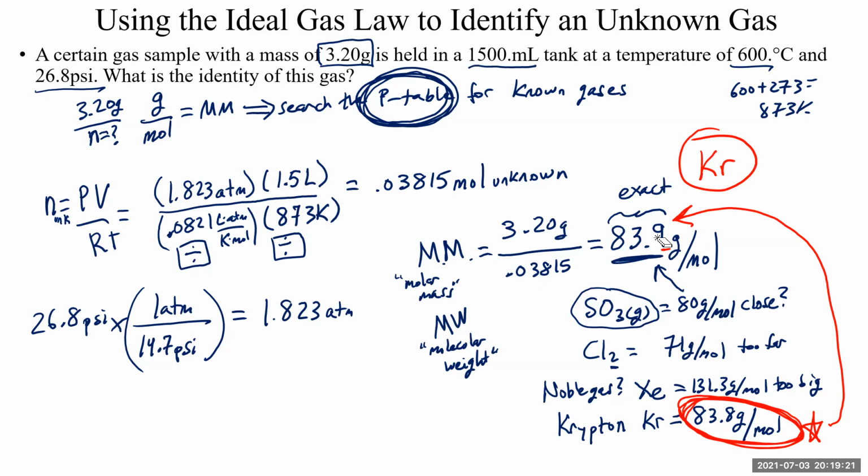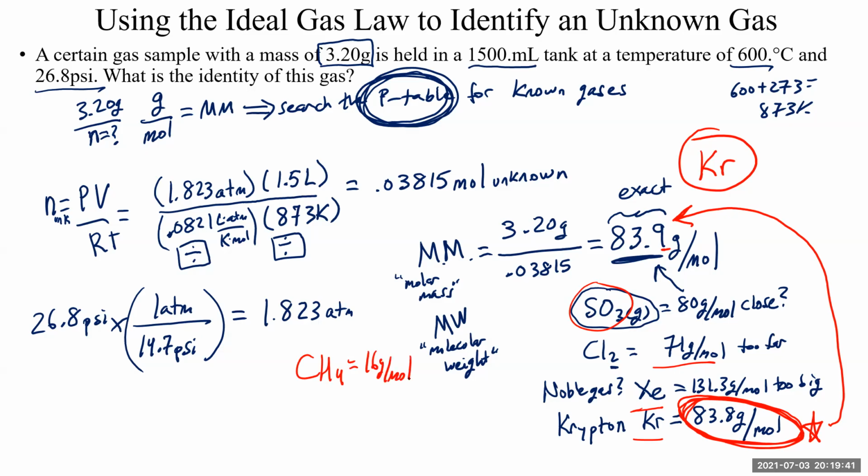Again, there are many gases it could have been, such as sulfur trioxide. There are many other gases you could spot this way. Just figure out the molar mass and then go searching on the periodic table for either individual atomic gases or molecular gases. For example, CH4 is 16 grams per mole.